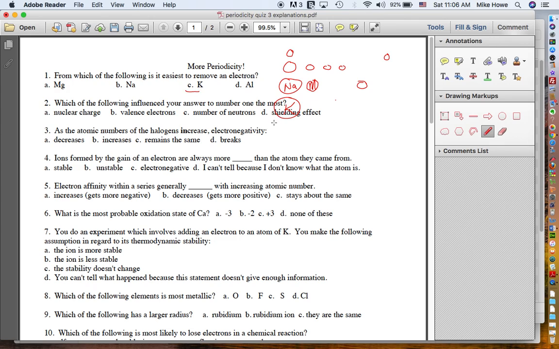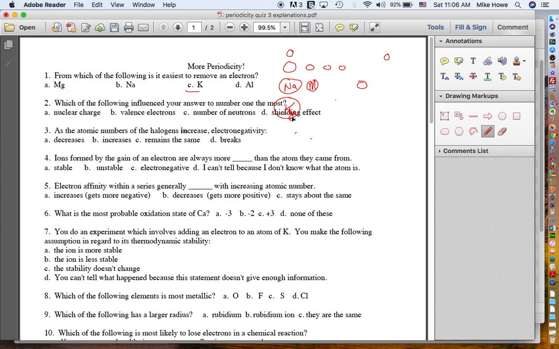But then why? Because as you move down, you're really adding energy levels. As you add energy levels, the inside electrons repel the outside. They push away on the electrons that are sitting out on the outside of the atom, so right here. So the insides push that guy away. It makes it easier to lose.